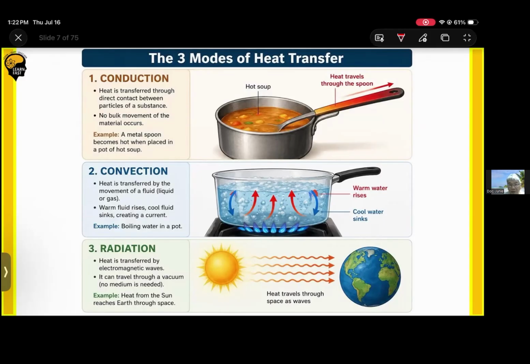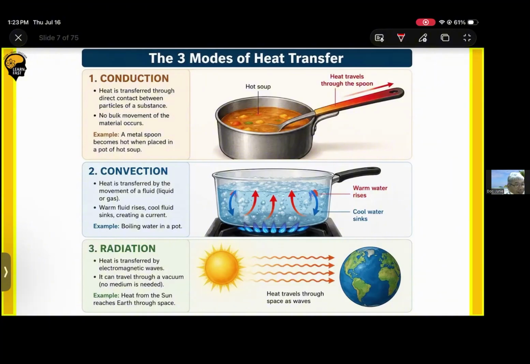So there are 3 modes of heat transfer. Look at the picture. In conduction, heat is transferred through direct contact. So you have a casserole, and it contains hot soup, and you have here a spoon. The spoon is in direct contact with the hot soup. Therefore, you will feel heat flowing through the handle of the spoon.